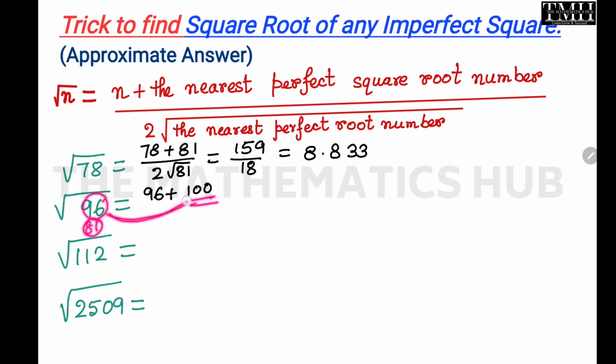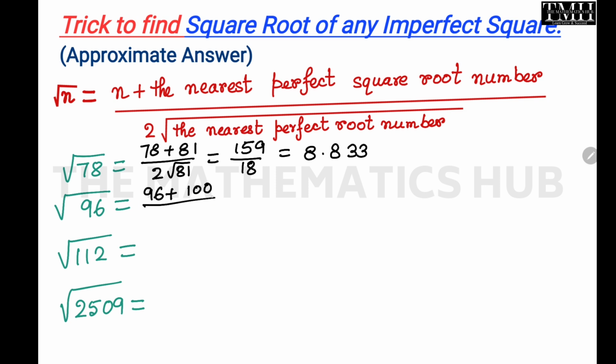So we have to take the closer value. It doesn't matter whether the number is greater or smaller than the given number, but the condition is it should be closer to the number. So we have not taken 81, but we have chosen 100.